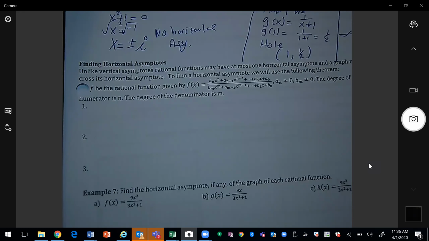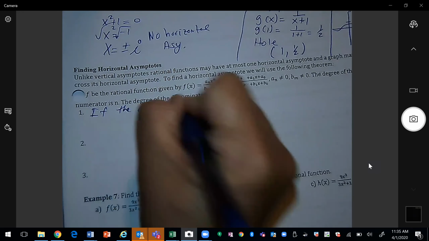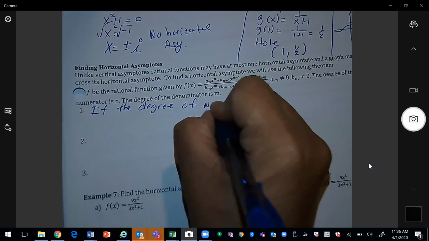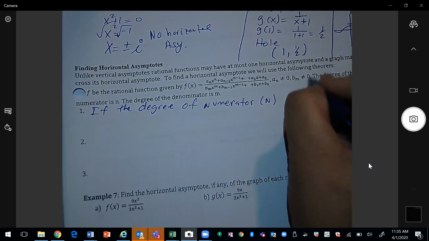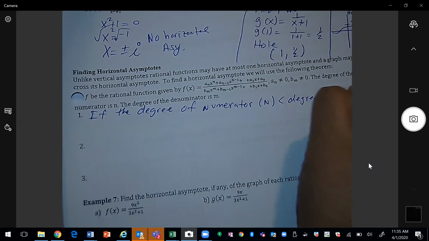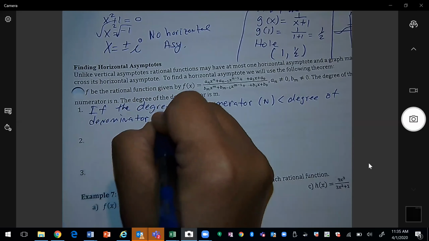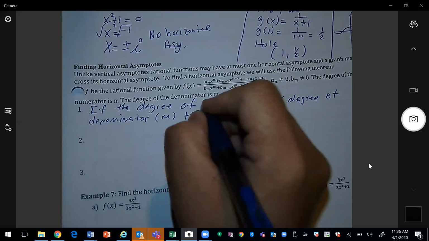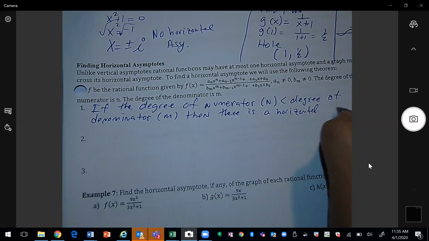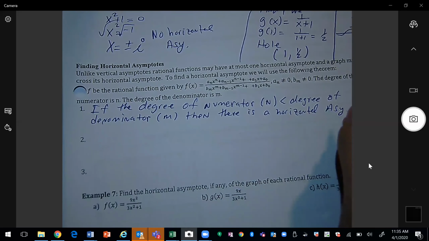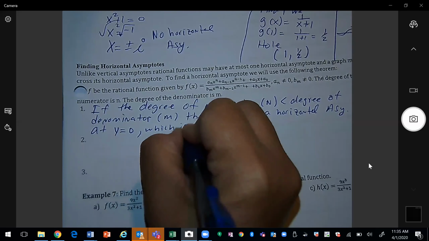So the first one is, if the degree of the numerator, and we're going to call this n for numerator, is less than the degree of the denominator, and let's call that m, then there is a horizontal asymptote at y equals 0, which is the x-axis.